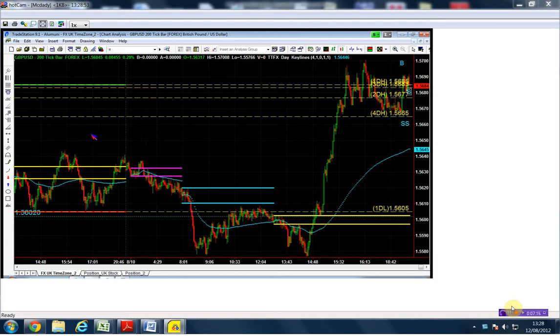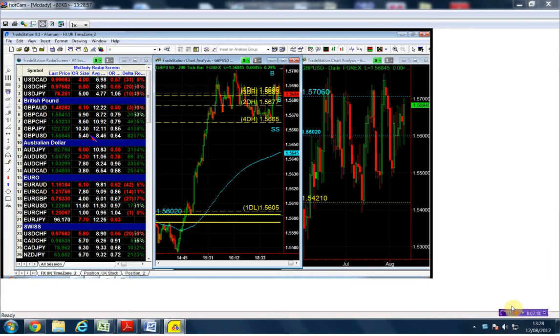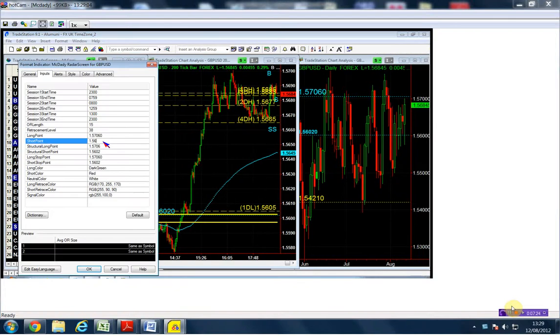So our short entry is going to be the 156.65. Our stop is going to be, let's make it the 156.80, just because the 80 level is very important. And my structure short point is the 156.02.